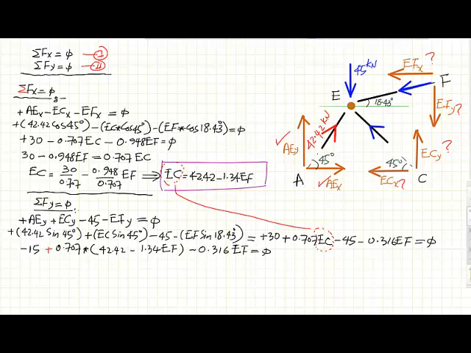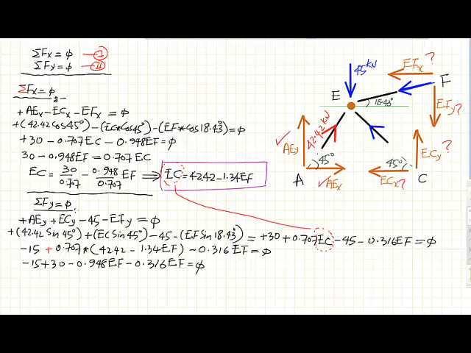So once I open the bracket for this part, it will be equal to minus 15 plus 30 minus 0.948 EF minus 0.316 EF is equal to 0.